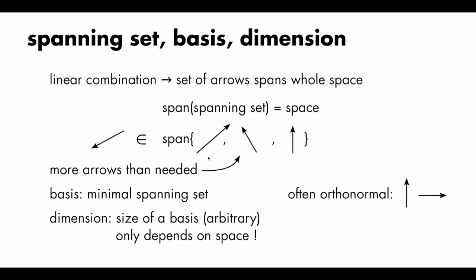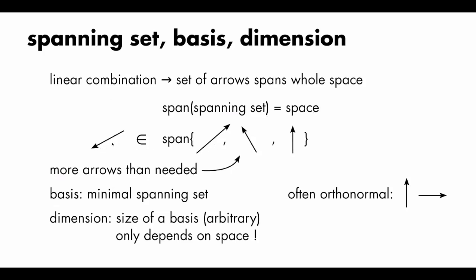As an example, we can take these three arrows here in the braces, and the span of that will be the whole plane of the screen, essentially, and every arrow that we can draw on the screen is part of that span.